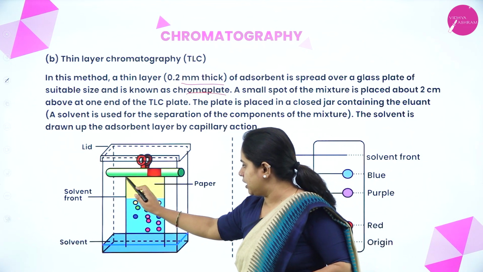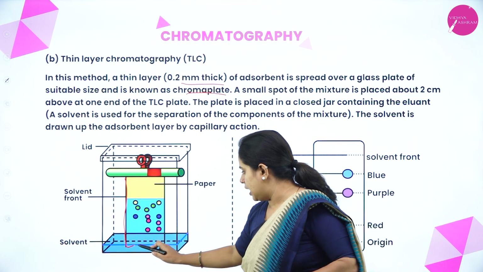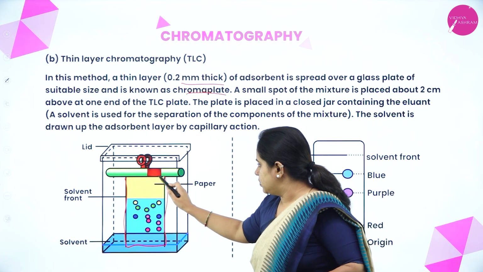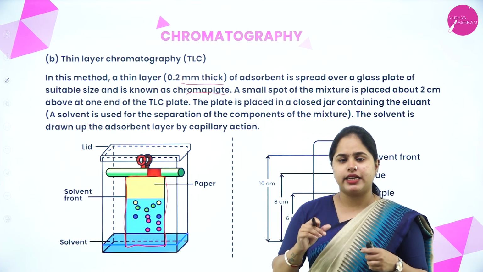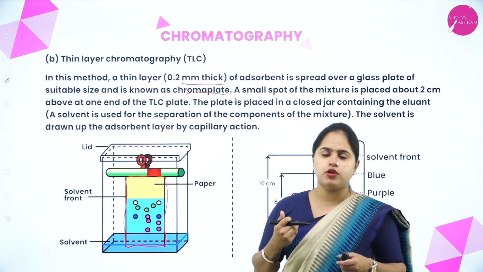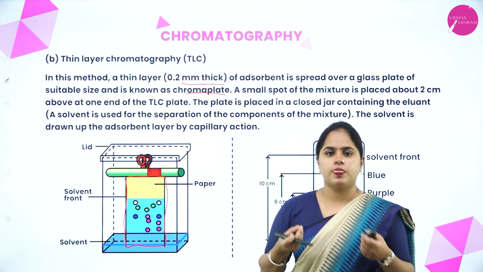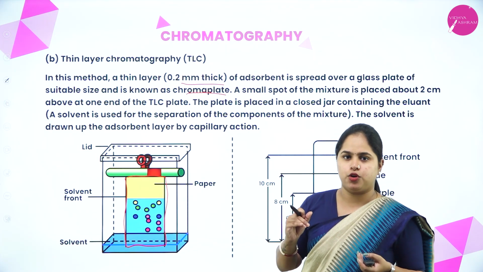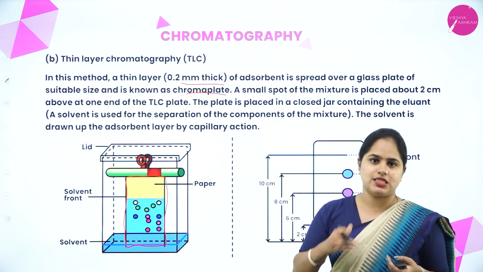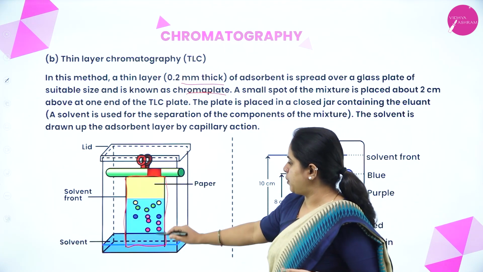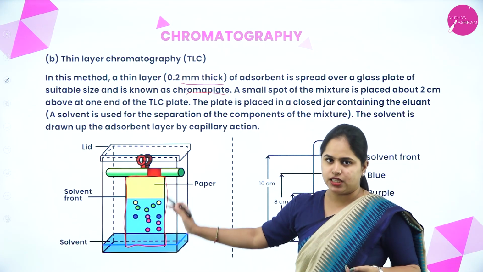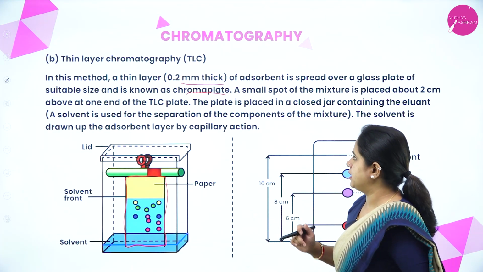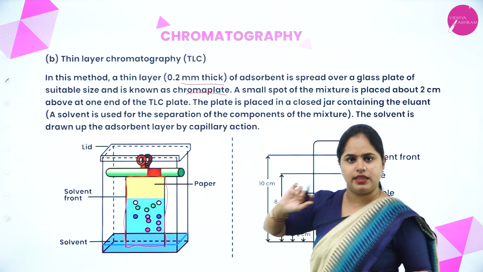So as you can see, this is a thin glass plate of around 0.2 millimeter thickness, on which the adsorbent will be spread over. Adsorbent means our stationary phase. That will be spread over this thin glass plate, and that is called the chroma plate. That's the first step.